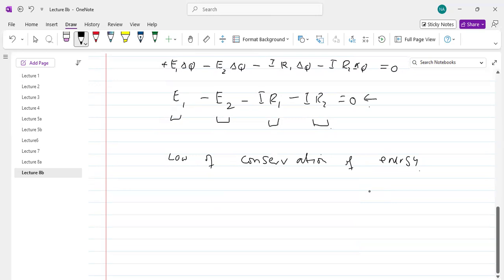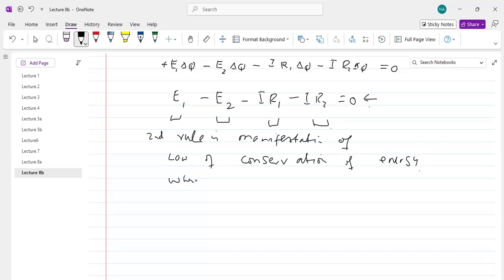So we can see that Kirchhoff's second rule is a manifestation of the law of conservation of energy when applied to the electrical circuit.